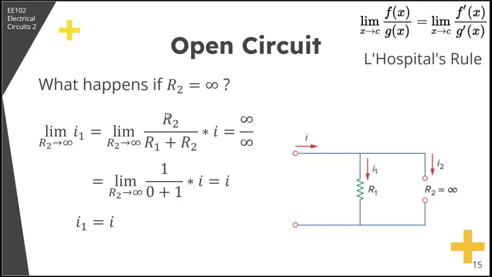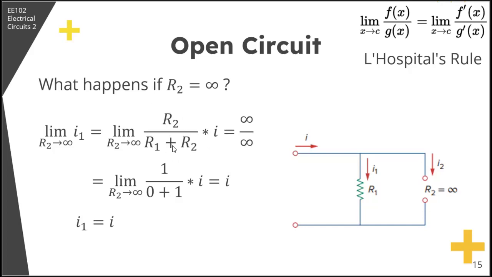So we take the derivative of R2 times I with respect to R2. The derivative of I with respect to R2 is 0. Then I times the derivative of R2 with respect to R2, that's 1, so we have 1 times I.